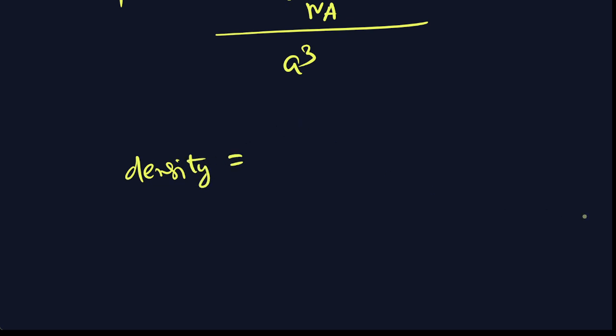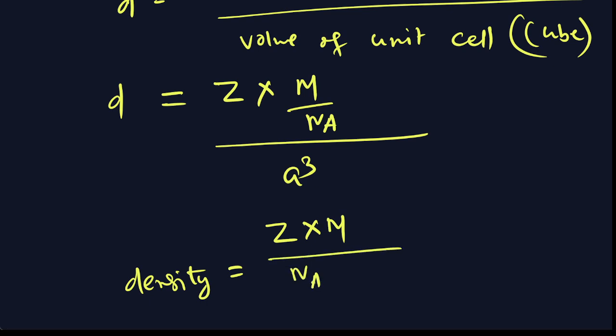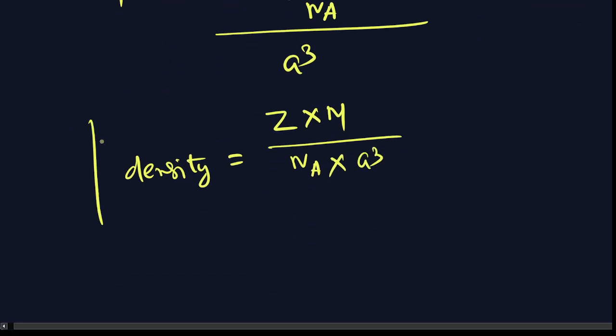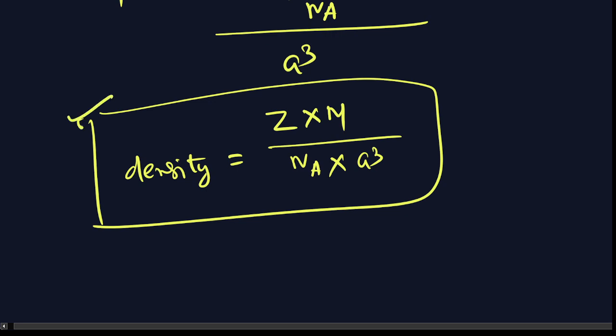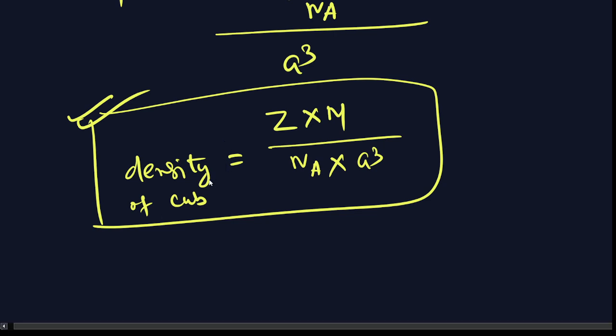So from here we can write that D, that is the density, is equal to Z into M upon Na into a cubed. This is the density of a cubic unit cell.